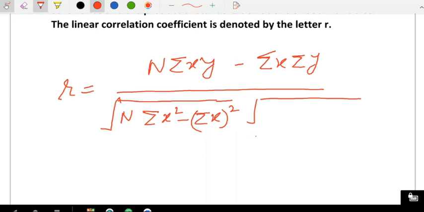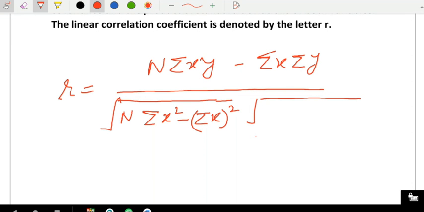Sigma means summation. While writing the denominator, I put two square roots here, and first I replace y with x, meaning I am removing y and putting x. So what are we getting? n sigma x square minus sigma x whole square.